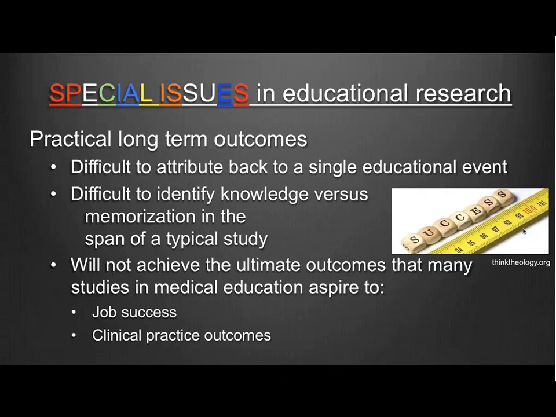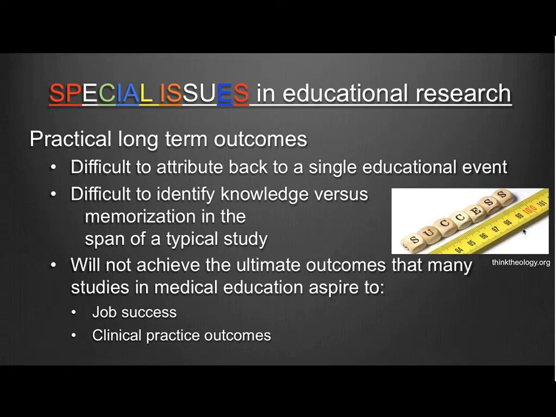Some practical long-term outcomes can be a problem in educational research. It's really difficult to attribute what you've done back to that single educational event. There's so much cross-contamination that happens.